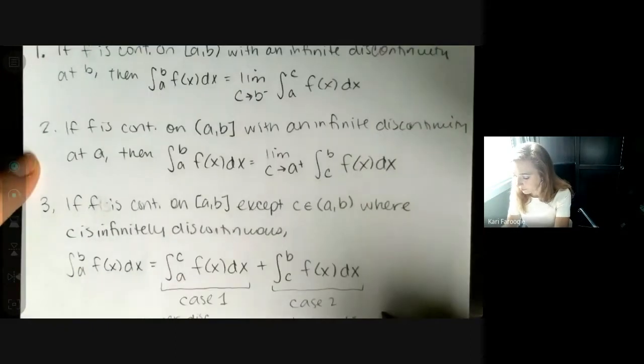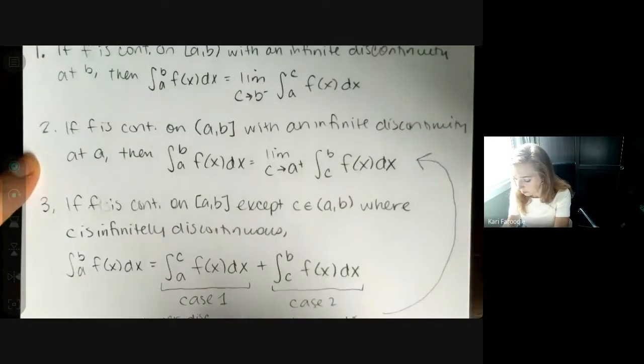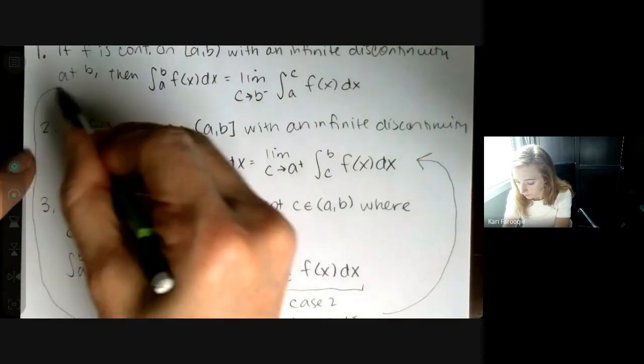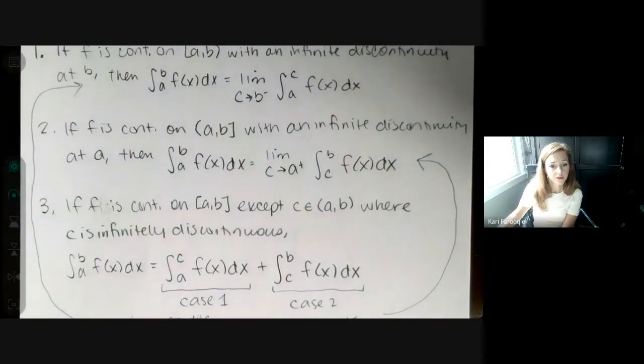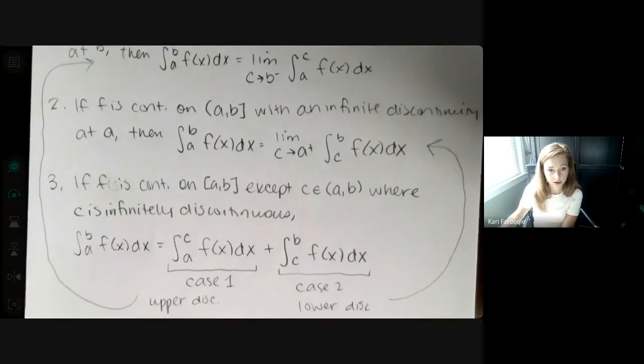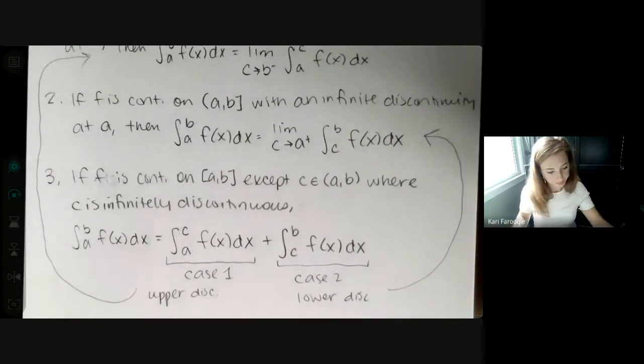So this would be that case, and then number 1 would be the upper case. You'd be looking at those 2 limits separately. We'll do one in an example. I would hate for you to feel like you didn't get to see it happen.